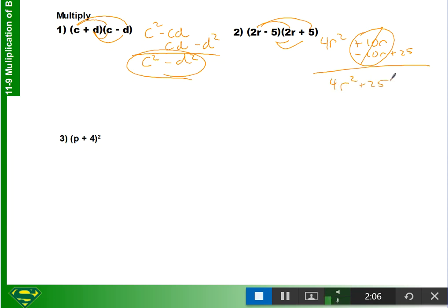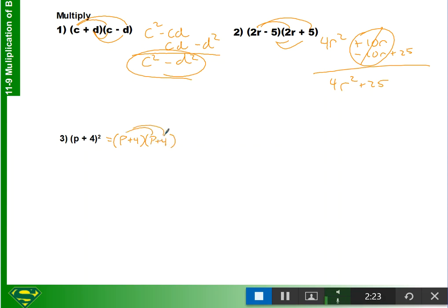Now this is a fundamentally different situation from this one because we are squaring a binomial. This is a square binomial, not a difference of squares. A square binomial is the binomial times itself.